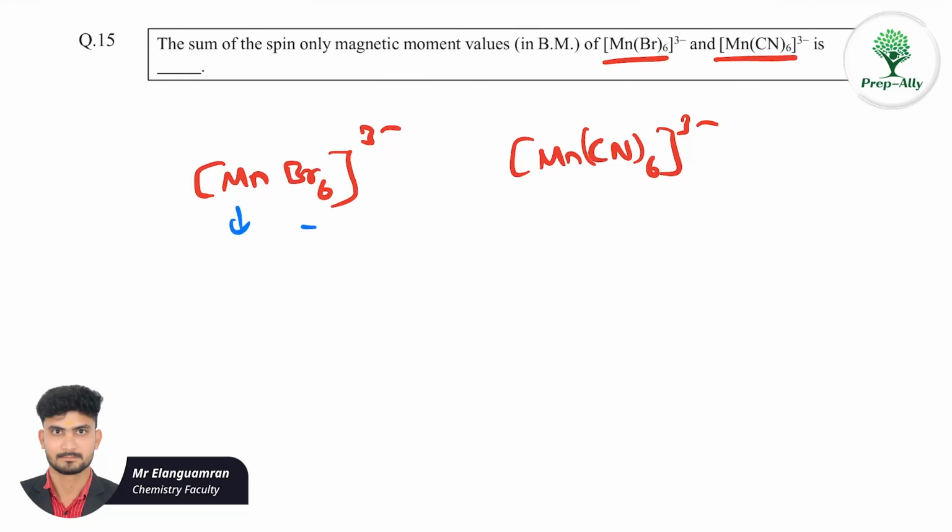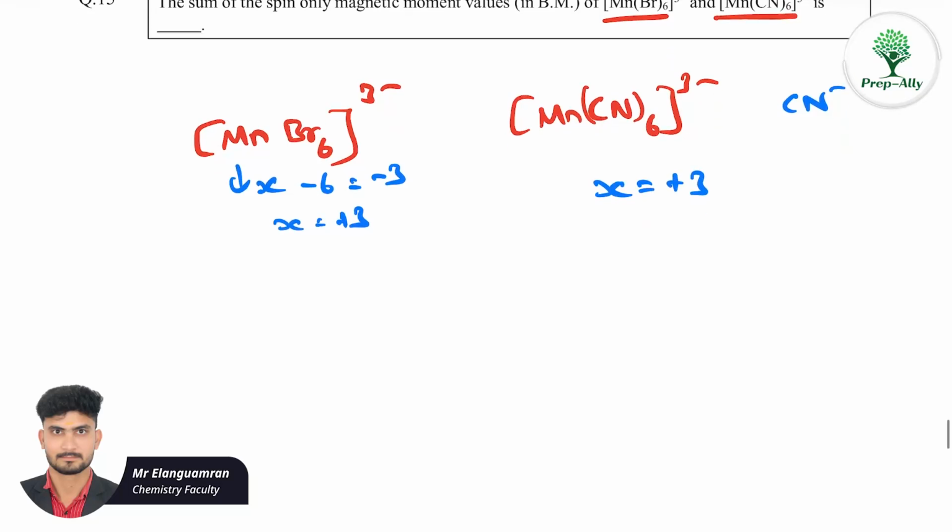It is going to be minus 1 for bromine, so I have minus 6 for 6 bromines, and this is x, so I'll have plus 3. The same thing over here, because CN minus will also have minus 1 charge and there are 6 CN ligands, so x is equal to plus 3.